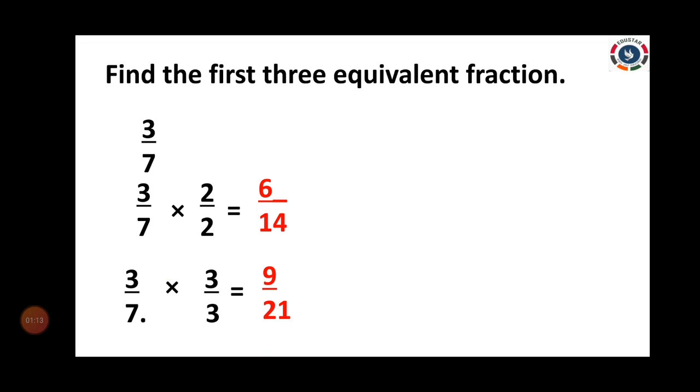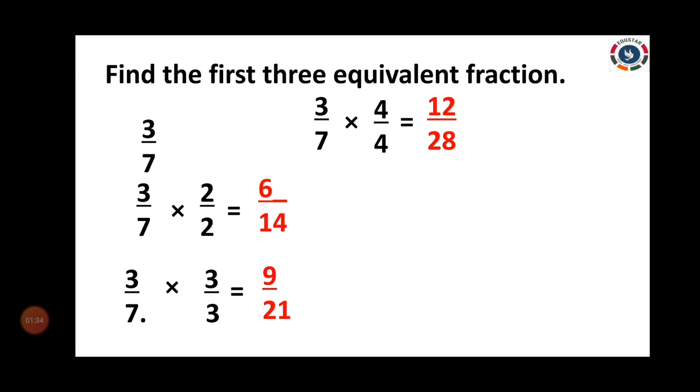Then you multiply by 4, then by 5, 6, and it goes on like that. So 3 by 7 into 4 by 4. 3 4s are how much now? 12. And 7 4s are 28. So 12 by 28. Okay.